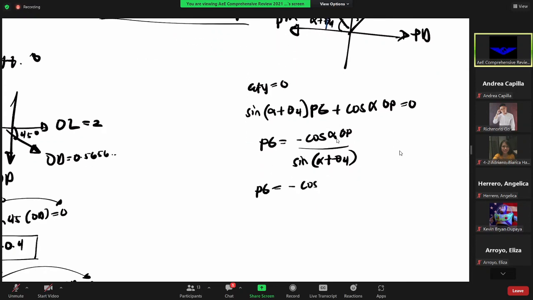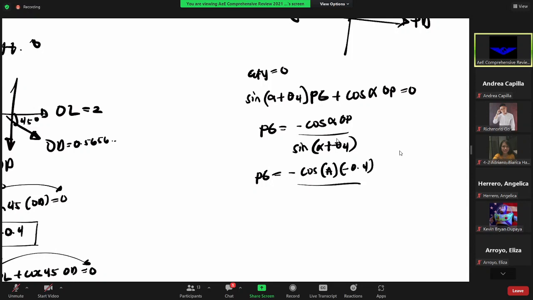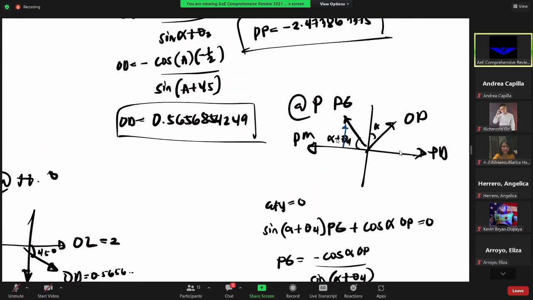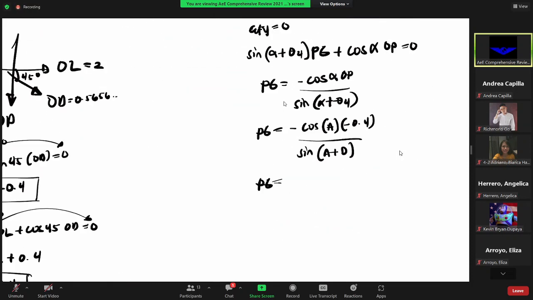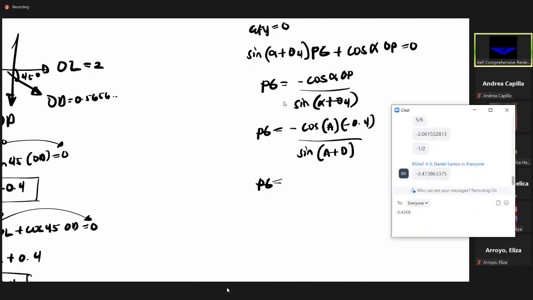PG is equal to negative cosine alpha, OP is negative 0.4, over sine alpha plus theta sub 4. PG is equal to what? 0.426874941.